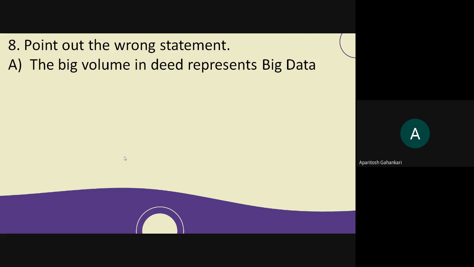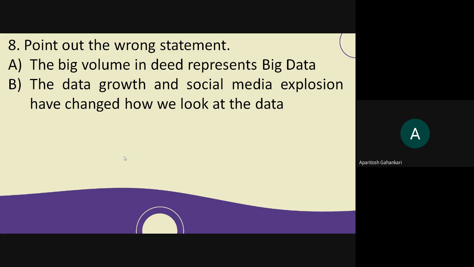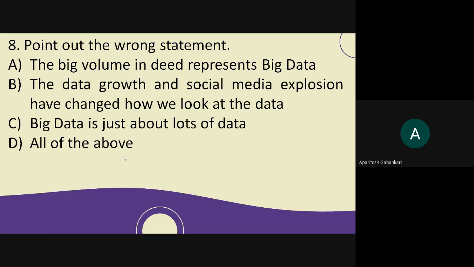Point out the wrong statement. The big volume indeed represents big data. The data growth and social media explosion have changed how we look at the data. Big data is just about lots of data and all of the above. Now we have to point out the wrong statement. So if you go one by one, the first statement, the big volume indeed represents big data.